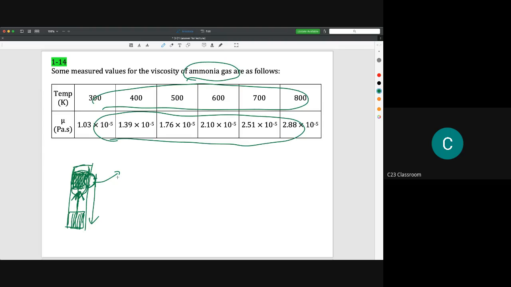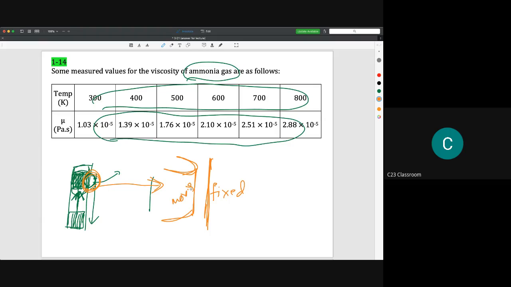As we learned previously, if we enlarge this area, we find that this is the cylinder and this is the gap of the capillary tube, for example. This is fixed, not moving, and this is the moving area.